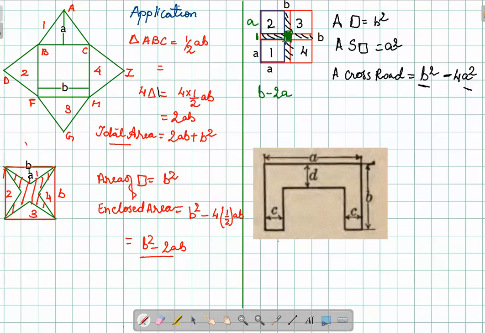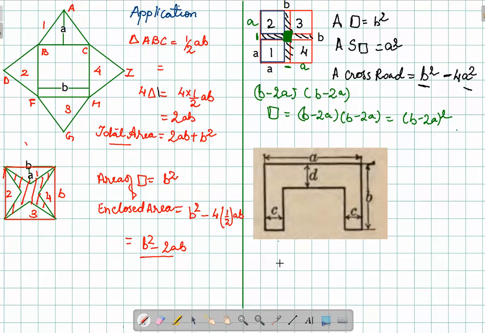Same way, if I see this length or this length, this will become A, so it will again become B minus 2A. So the area of this green pattern, or green square, will become B minus 2A, that is the length, into B minus 2A, that is the breadth. That will give me B minus 2A, the whole square.